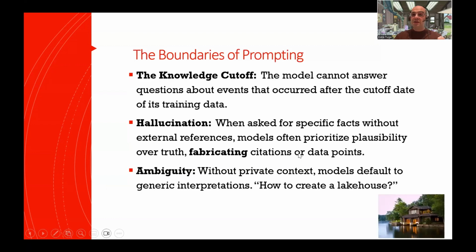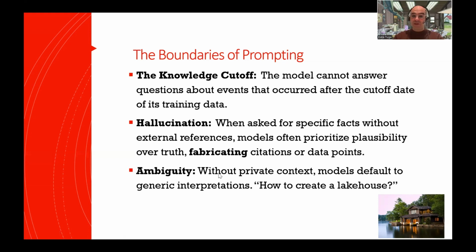And why is this? Because prompt engineering has lots of problems, such as knowledge cutoff, when the model cannot answer questions about events that occurred after the cutoff date of the training data. The hallucination, that is the most known problem, when we ask for specific facts without external references, and the model just simply fabricates some citations without being totally sure.